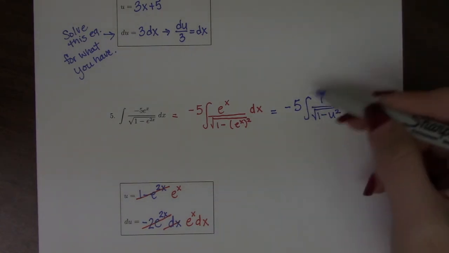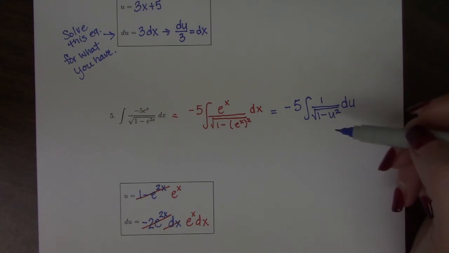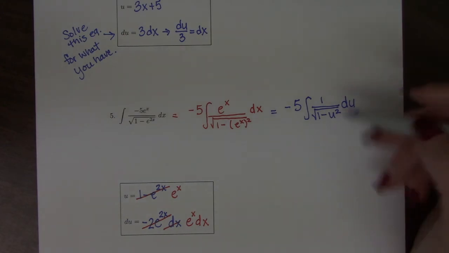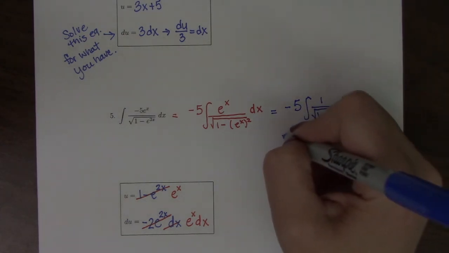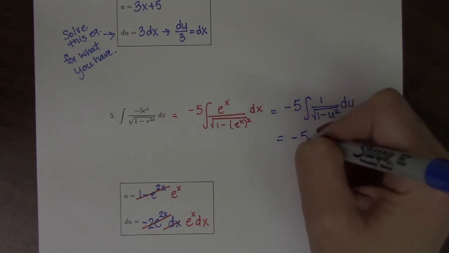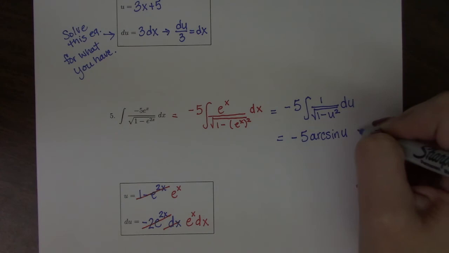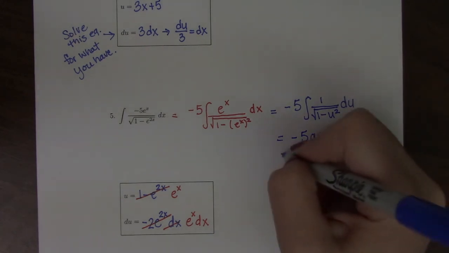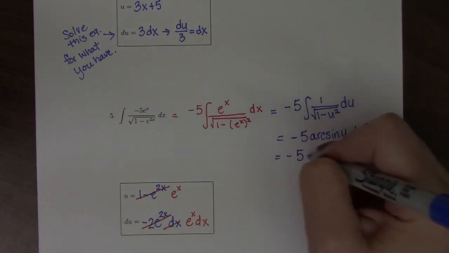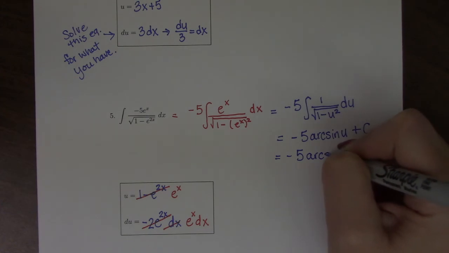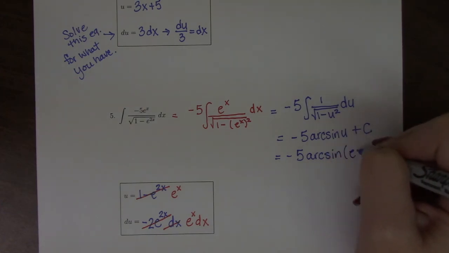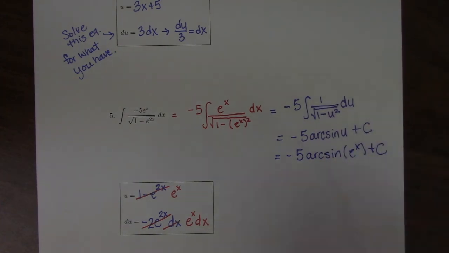Now I recognize this derivative. This is the derivative of arc cosine, or arc sine. So negative 5 arc sine of u plus c, and now I plug back in what my u stood for.